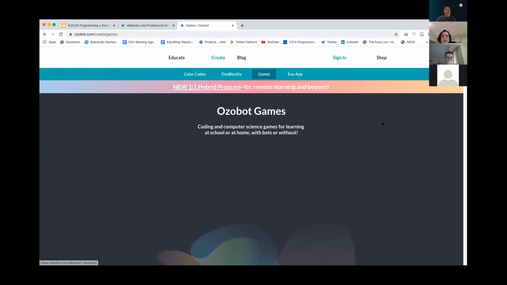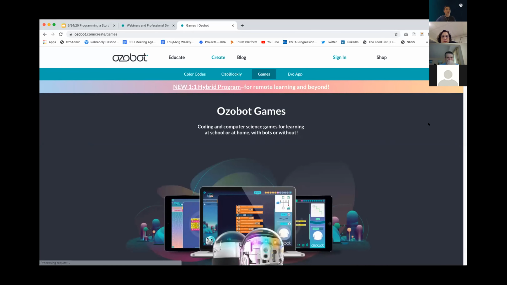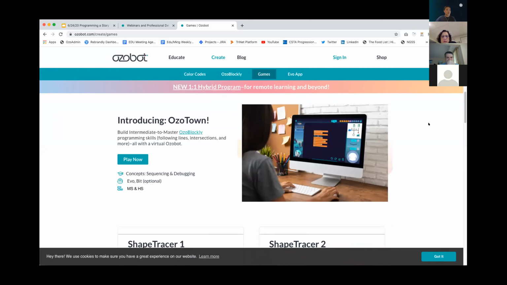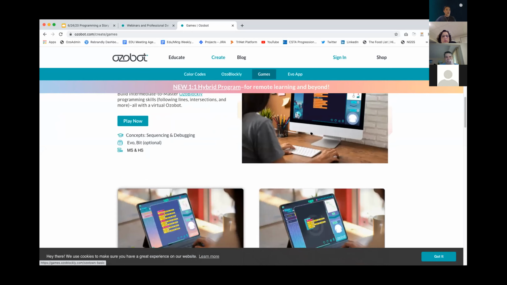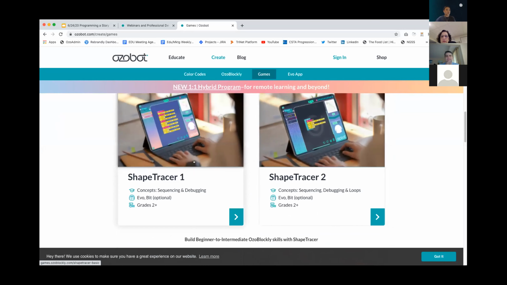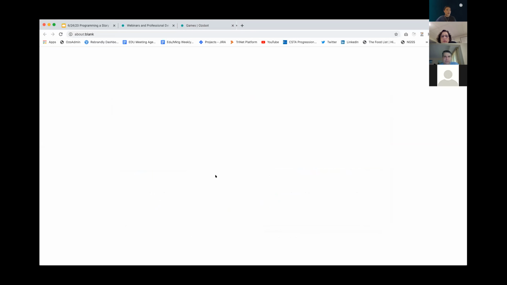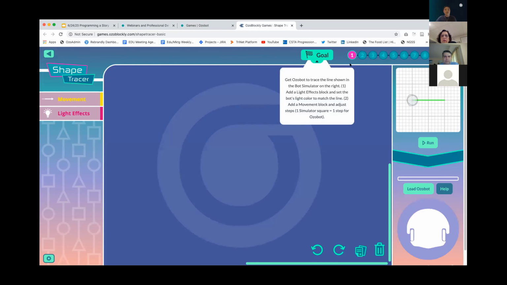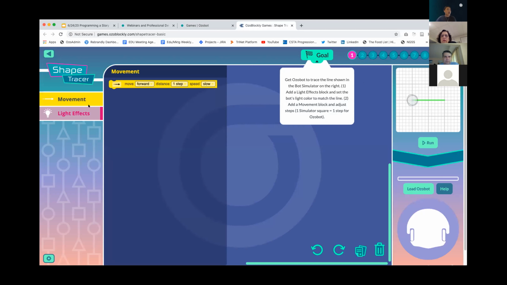And these are games that utilize Ozoblockly, our block-based coding language. So we have Ozotown, which is based on the line following capabilities of Evo, but we have Shape Tracer 1 and Shape Tracer 2. So for any educators or students that are new to block-based coding, I recommend starting with Shape Tracer 1.